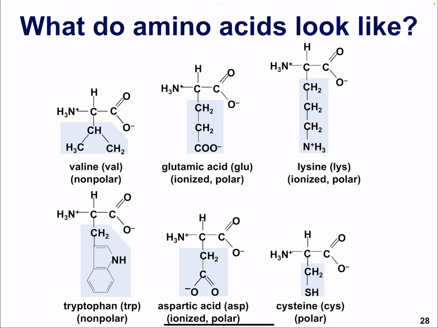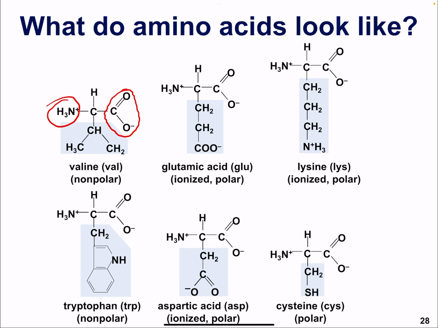Now, what do amino acids look like? Well, amino acids are going to be characterized by the fact that they all, absolutely all, going to have what we call an acid group here, a carboxyl group here, and an amino group here.